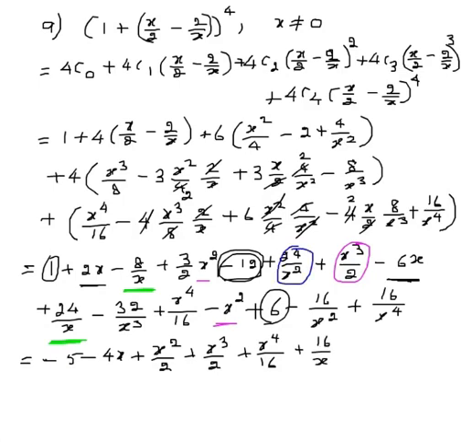Here we have 24 divided by x square and minus 16 divided by x square, which will be plus 8 divided by x square. And here we have minus 32 divided by x cube. And the last term, we have 16 divided by x raised to 4.